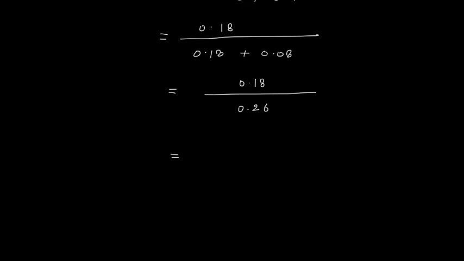This will be equal to 18 upon 26 is equal to 9 upon 13. So our probability that we have grade A and it is a student from hostel is 9 upon 13. So better chances of a hostelier student getting grade A, 9 upon 13.